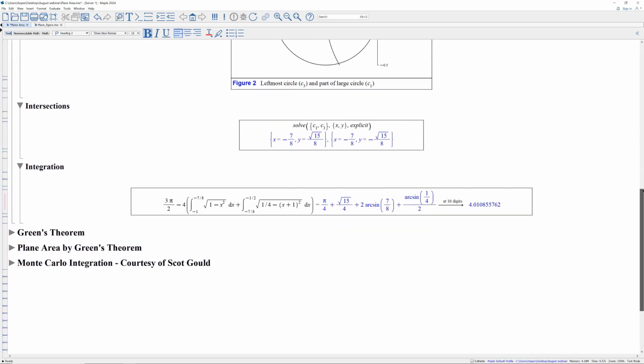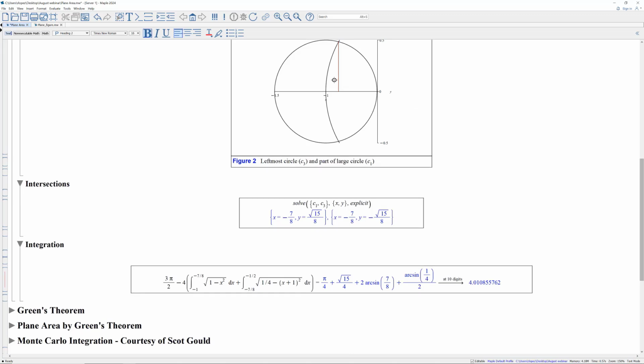All that remains is to actually do the integration. There are two integrals to compute, one on the left of this red line and one on the right of that red line. Now, this result is the total area. The area of the unit circle is pi. If you just slap on the area of the two smaller circles, you will have a number that's too big.